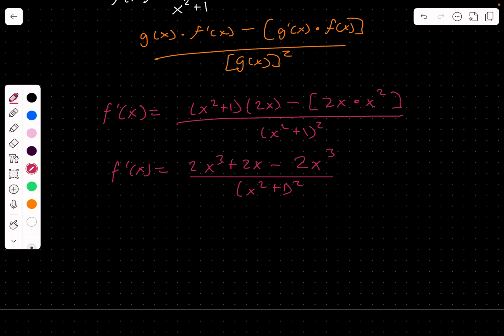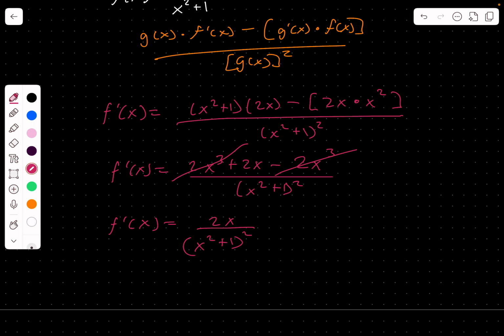Now, again, we can still combine our like terms. Let's combine those, and then we can set this equal to 0. So these cancel out, and we're left with 2x over x squared plus 1 completely squared.